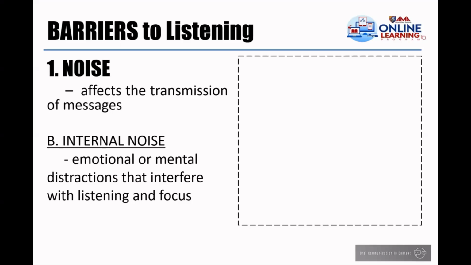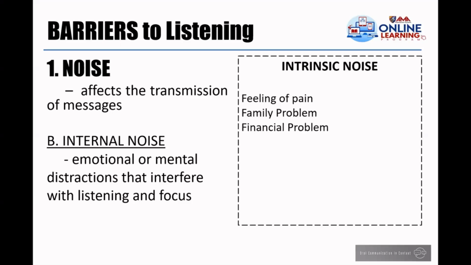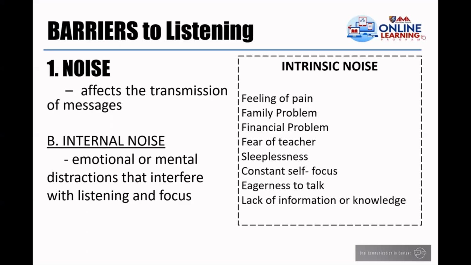Here are examples of intrinsic noise: feeling of pain, family problem, financial problem, fear of teacher, sleeplessness, constant self-focus, eagerness to talk, lack of information or knowledge, and beliefs. All of this can hinder the transmission of the message, and it can interfere with listening and focus.